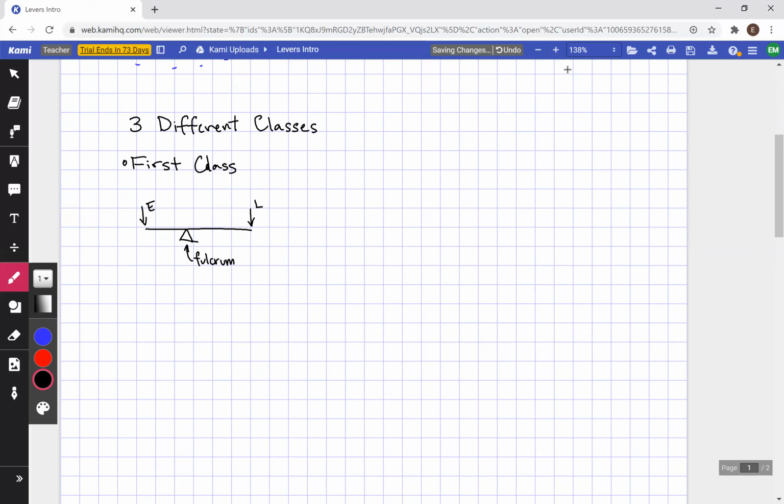Okay, so all first class levers have the fulcrum between the effort and the load. And all first class levers will see that the effort and the resistance forces, or the load forces, act in the same direction.